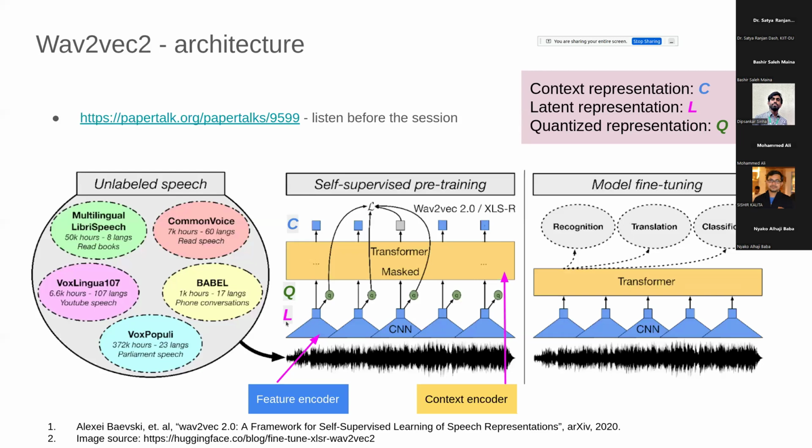You can assume L as a feature, and it will pass through this transformer network and generate some context vector.